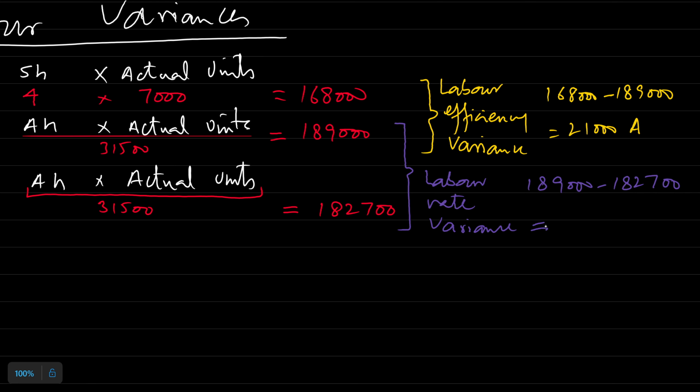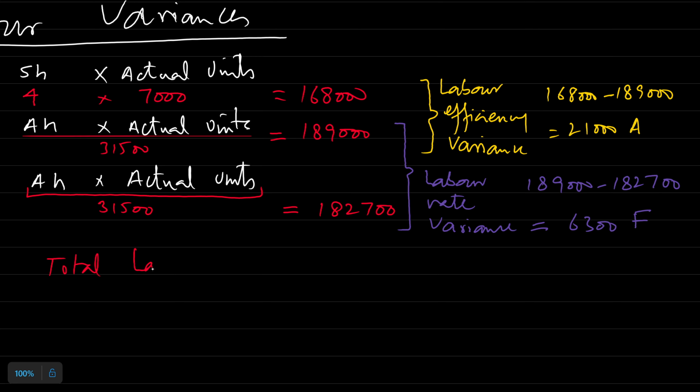The answer is 6,300 favorable variance. Now let us calculate total variances.